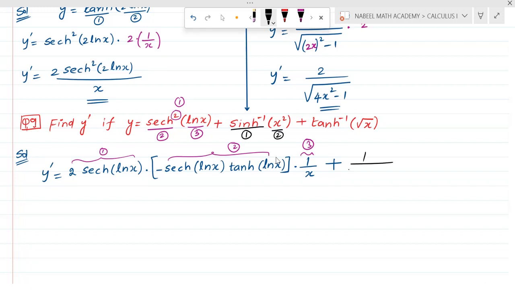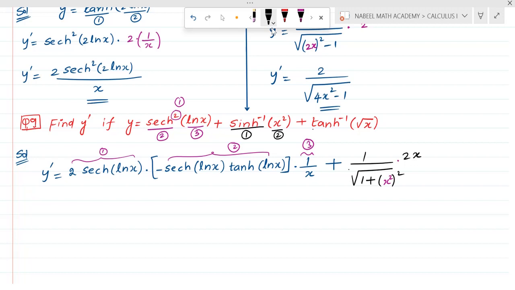It is 1 over square root of 1 plus x squared, but the x value here is given as x squared, so I write x squared. Then this is over. The next part: the derivative of x squared becomes 2x.